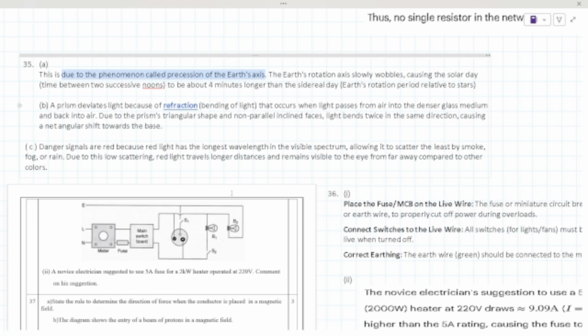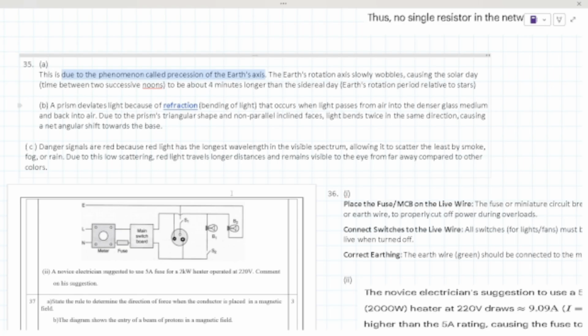The sun rays appear 2 minutes earlier during sunrise because of atmospheric refraction, and after sunset the sun rays will be there for 2 minutes because of atmospheric refraction.